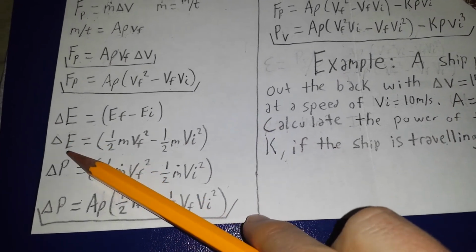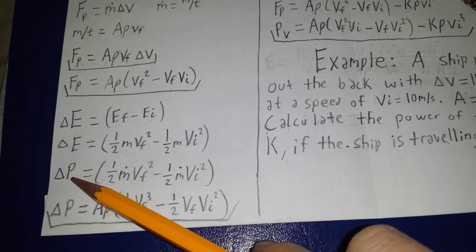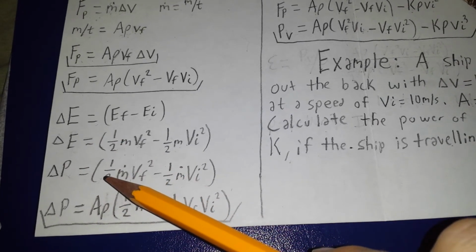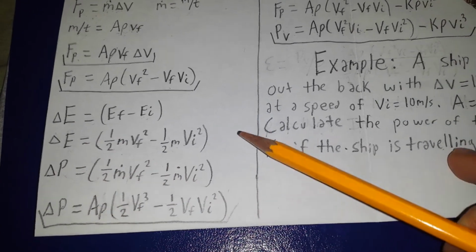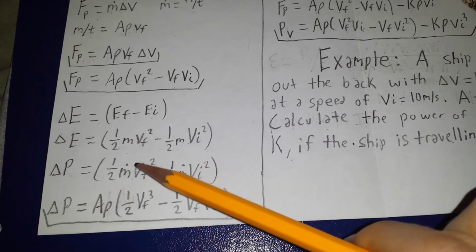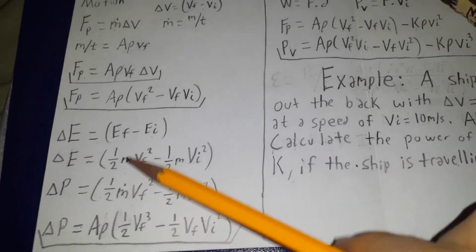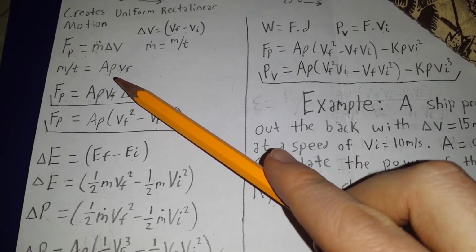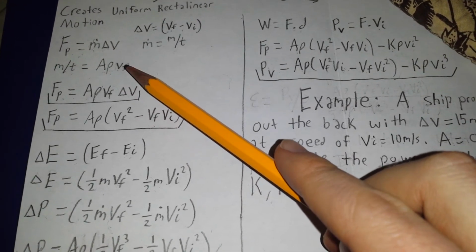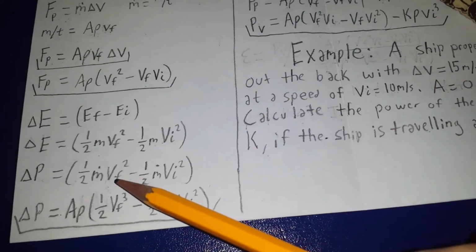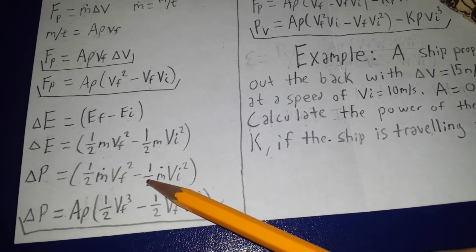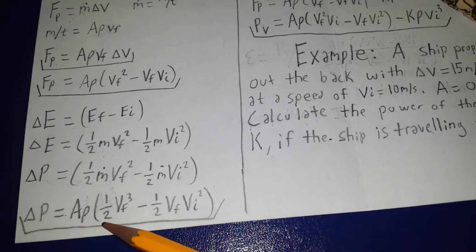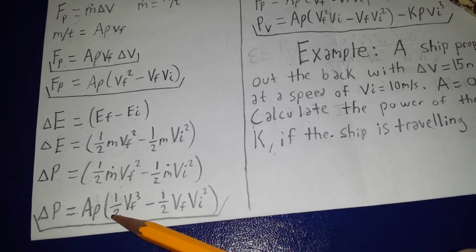Now, dividing the energy by time gives us power, and dividing time by the opposite side of the equation turns m into m dot. And we can plug in what we found for m dot before, area times rho times the final velocity, and multiply that to the equation to get the power more simplified.